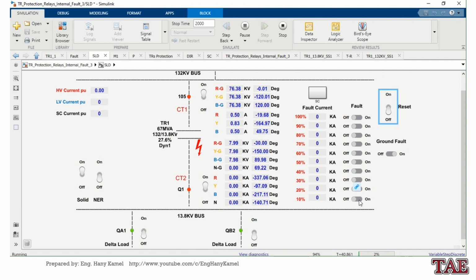Now I make a turn to turn fault in the second section of my transformer. I have to remove the earth fault first. Now I will make the turn to turn fault, and I can see the system protection operated and gave a trip command.